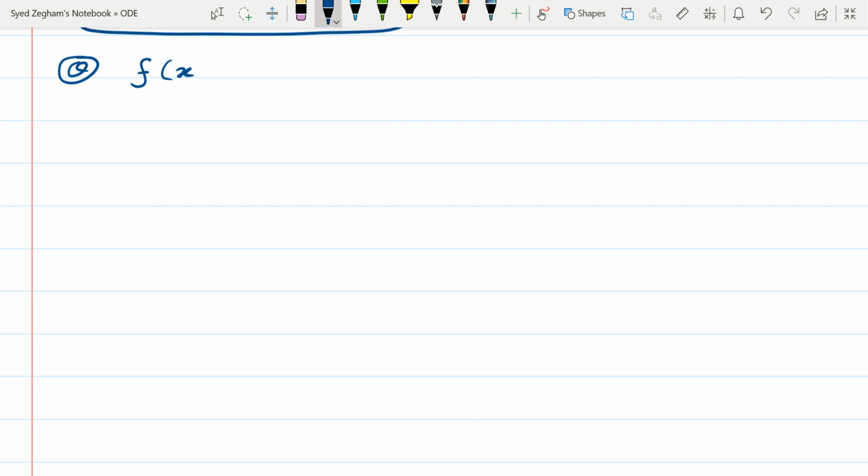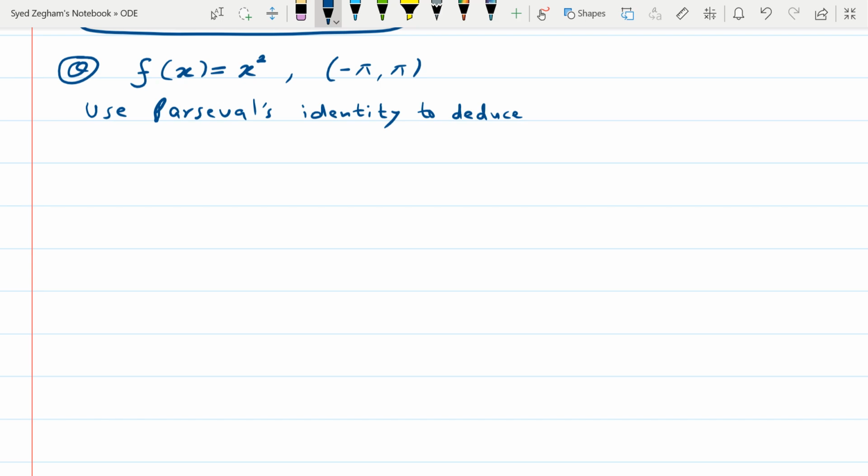Same question I am taking, same function. f(x) is equal to x square be a function which is defined on the interval minus pi to pi, and the question says that use the Parseval's identity to deduce the series summation 1 over n to the power 4 should be equal to pi power 4 by 90.